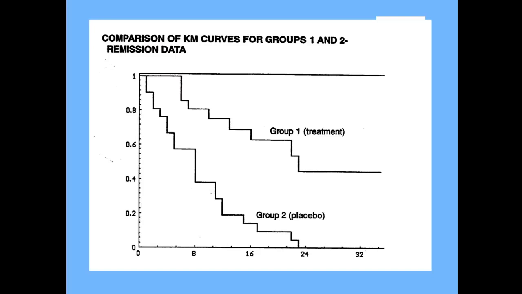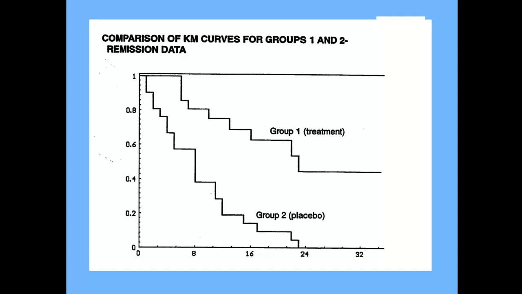What do you see from this picture? It's a rough conclusion, but early on, group 1 is a little bit better, and later on, it's a lot better. That's what it says.